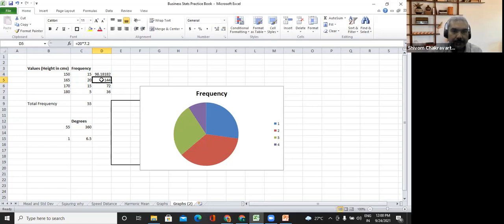Similarly, the other value also we can refer. Here I can refer to this cell. And as we are using Excel, if I fix this value, you need not worry about this part.